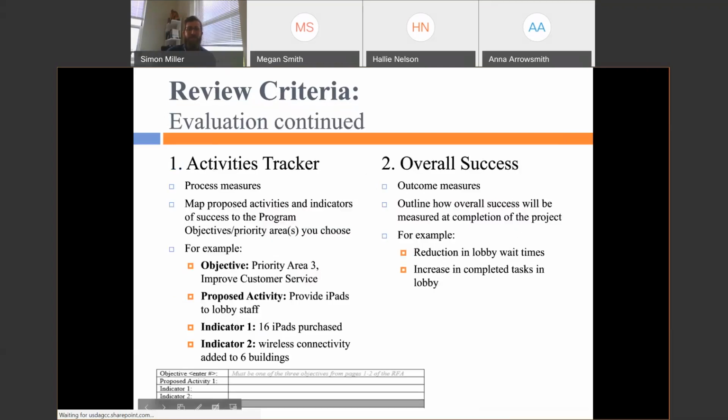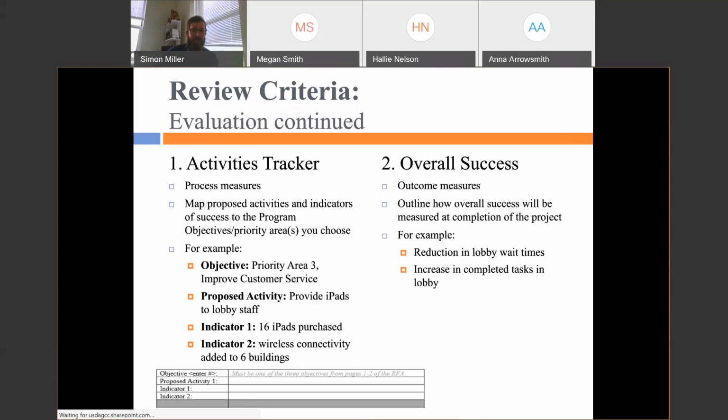So there are two components that should be included in the evaluation: the activities tracker and metrics for overall success. The activities tracker measures the process and maps the progress of grant activities. Indicators should be included to measure the success of the project at achieving the program objectives of the priority areas you chose. For example, let's say the proposed activity for your project is to provide iPads to lobby staff.